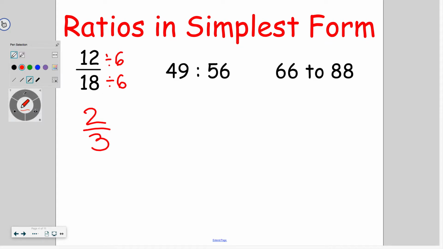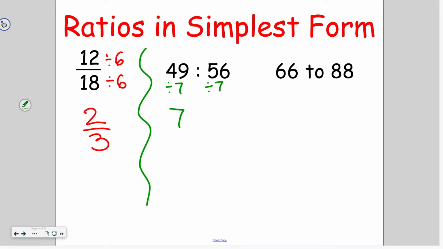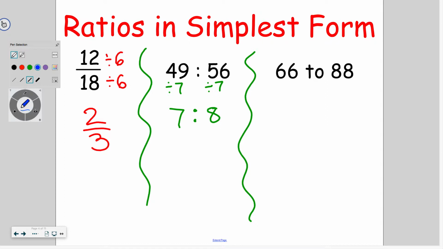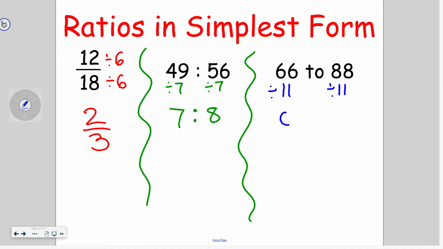The next one, if I look at, I've got 49 compared to 56. I can divide both of those by 7, and that gives me a ratio of 7 out of the possible 8. The last one, I can divide both of those by 11. When I do that, I get an answer of 6 to 8.